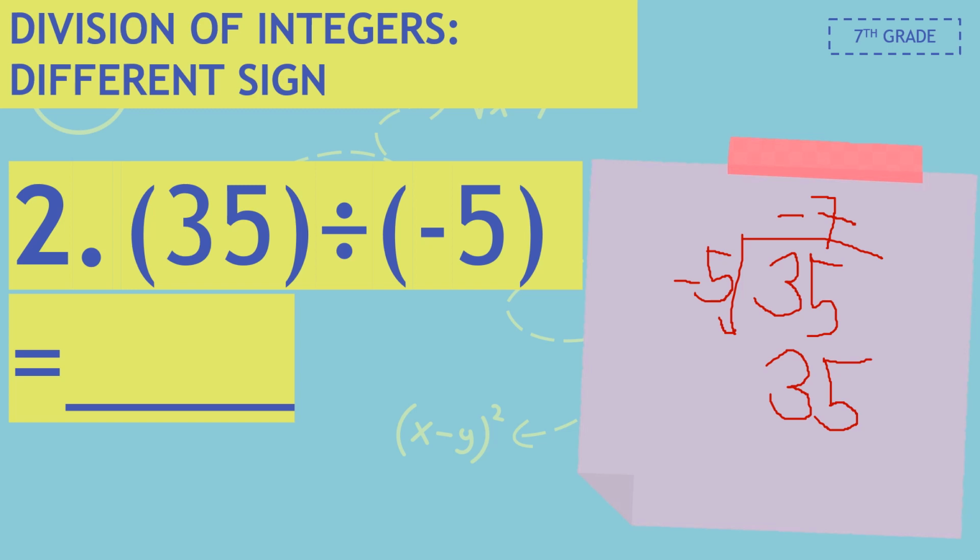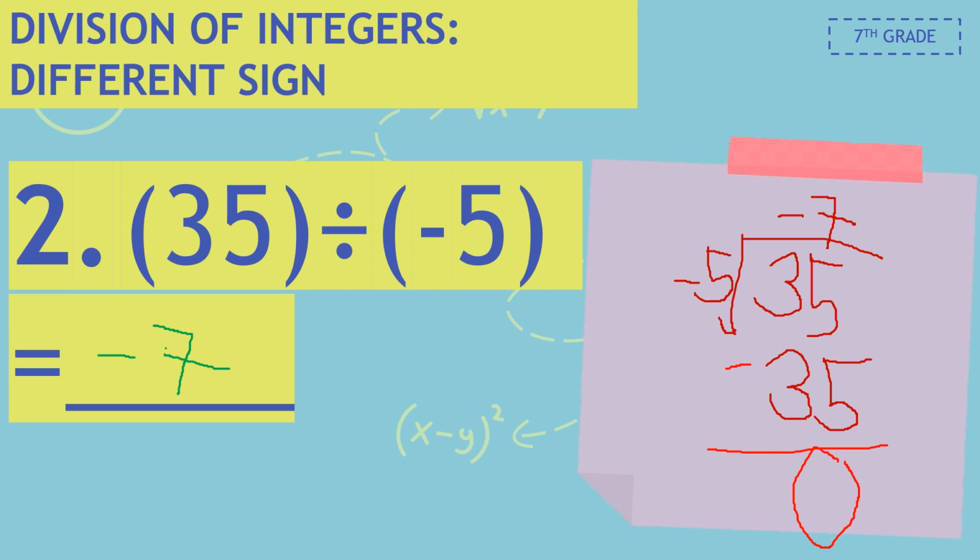So, we're going to minus the 2, 35 minus 35 is equals to 0. Okay? So, positive 35 divided by negative 5 is equals to negative 7. Okay po. So, I hope the division of integers and multiplication of integers are most clear with you.